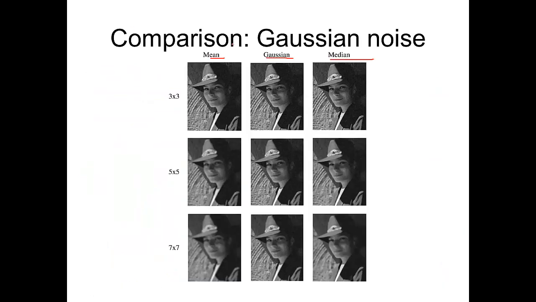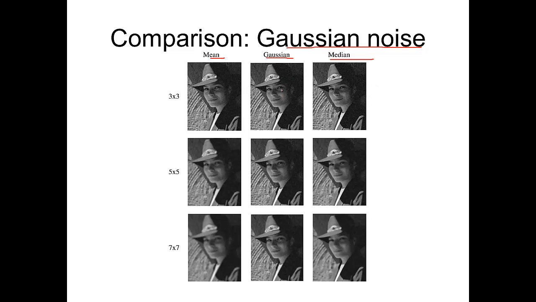Let's compare 3 filters: the mean filter, Gaussian filter, and median filter. What's the performance when they are used to reduce the Gaussian noise in the image? This is obtained by the mean filter, this by the Gaussian filter, and this by the median filter.